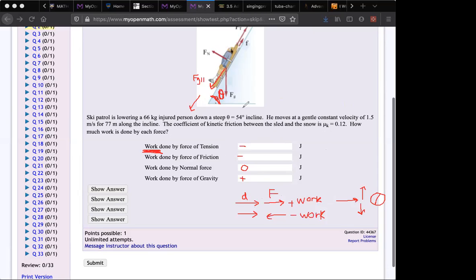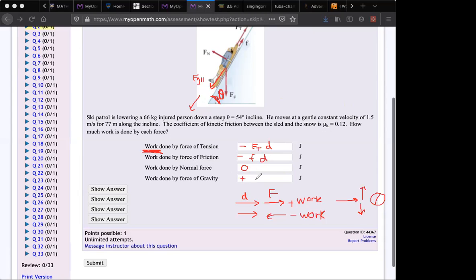So now I'm going to go back and rewrite these things. Which force goes with each one of these works? Each work goes with a different force. Well, this one, of course, is obvious, the force of tension. It's Ft. So this one's going to be negative Ft times the distance. The work done by friction is going to be the friction, negative F, times the distance.